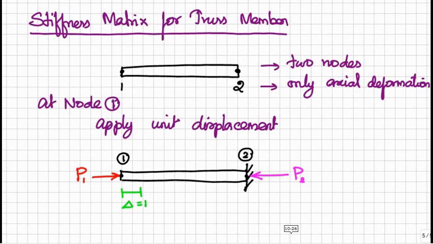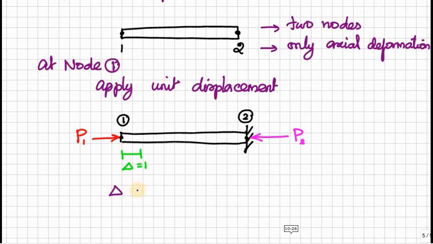So due to this application of P1, that is force at node 1, some reaction, just opposite and equal force, will be developed in the fixed end, that is at node 2, which is equal to P2, that is force at node 2. And we know that the elongation of a truss member can be expressed as delta is equal to PL divided by AE.